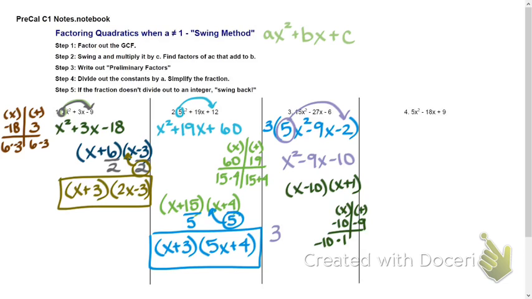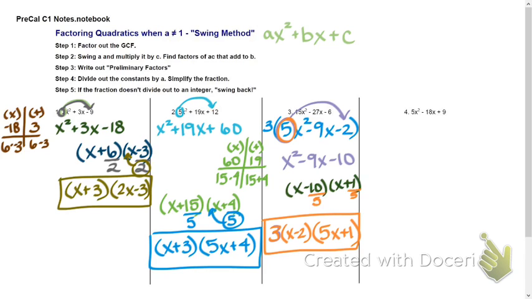Again, I swung forward the 5, so I need to divide out the 5. I'm going to leave this 3 here, and then I have x minus 2 times 5x plus 1. Final answer.